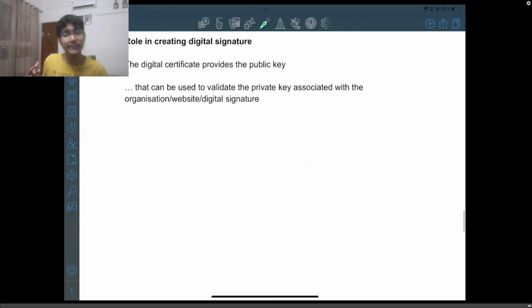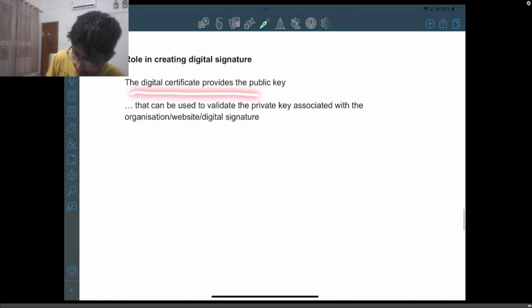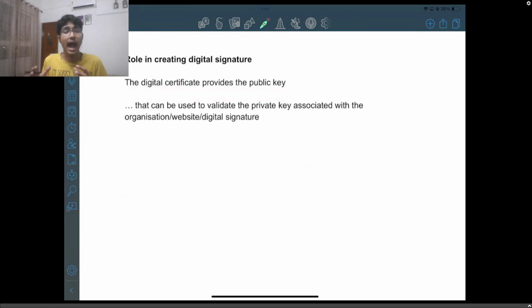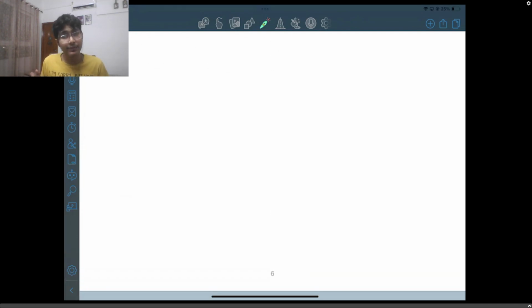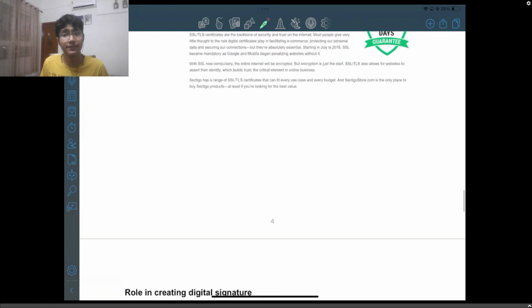So if Amazon is sending me a message, like, we have confirmed your delivery of your Nintendo, what it will do in a digital signature is use its own private key, which it won't share. Then, using the certificate, I can use that public key to decrypt it, and make sure this is correct. Awesome. So that is everything we had to cover for digital certificates and signatures.